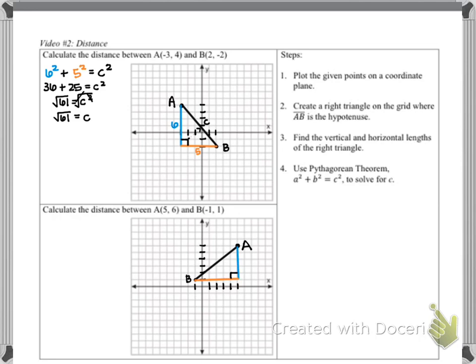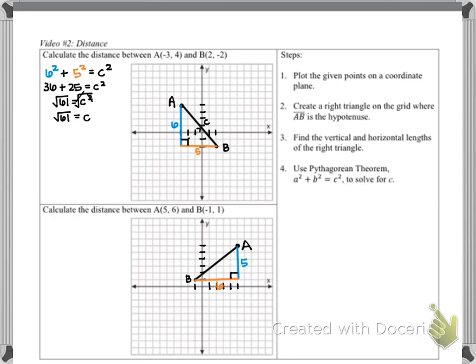So I have 1, 2, 3, 4, 5 here, and then across the bottom, 1, 2, 3, 4, 5, 6. Oh, that's interesting. I have a triangle with the exact same dimensions. If you look at the previous problem, I still have 5 and 6 as the legs.